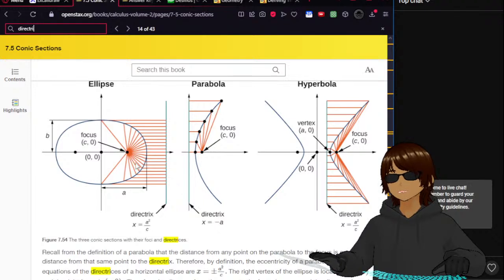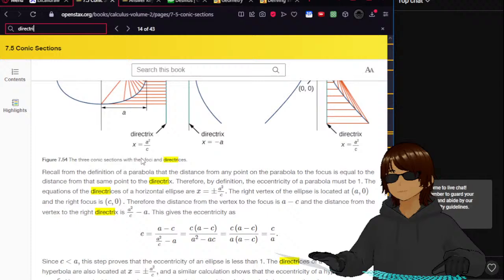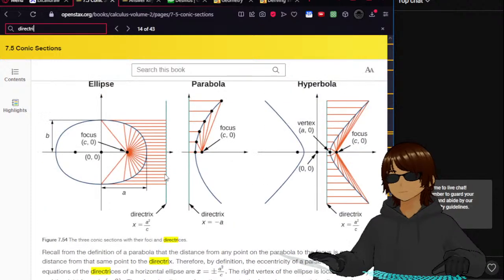It's a line where the points are equidistant. But shouldn't that be a parabola?